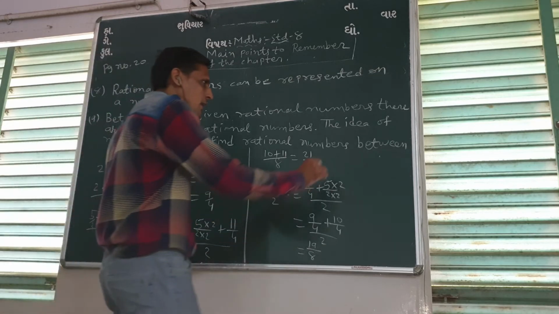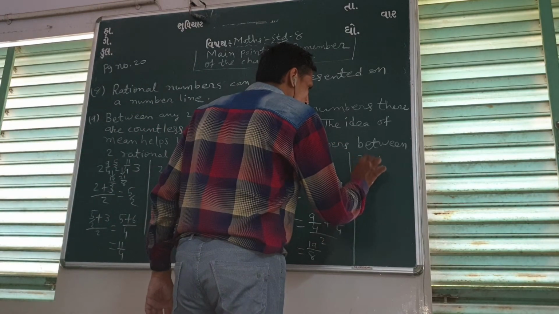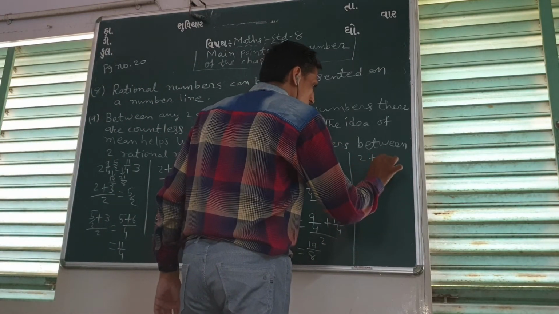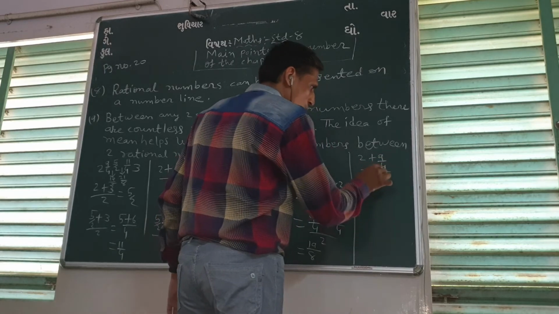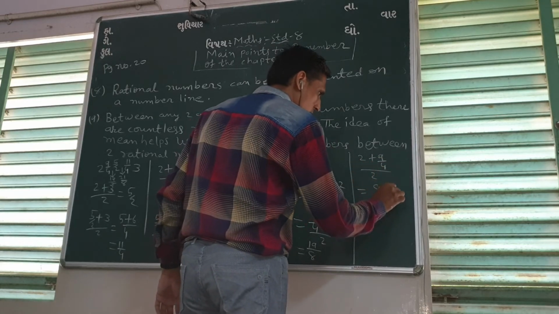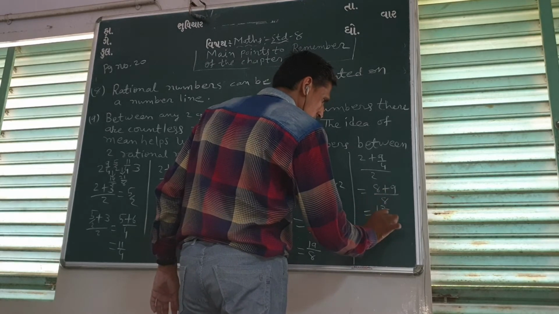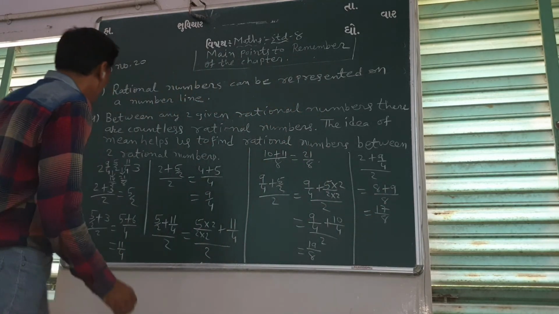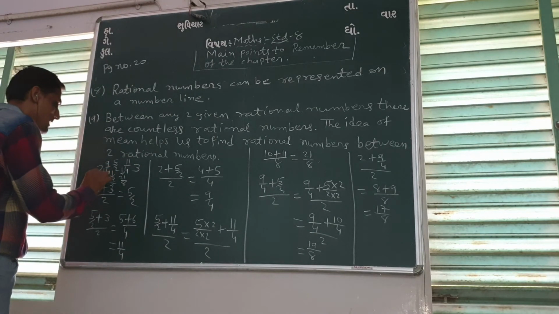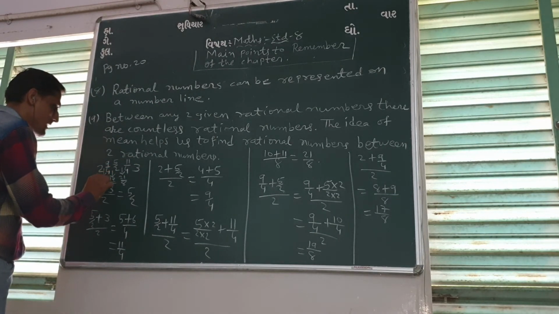So 2 and 9 by 4. (2 plus 9 by 4) upon 2. So 2 fours are 8, 8 plus 9 by 8. So that is equal to 17 by 8. Right? So it will come here, 17 by 8.